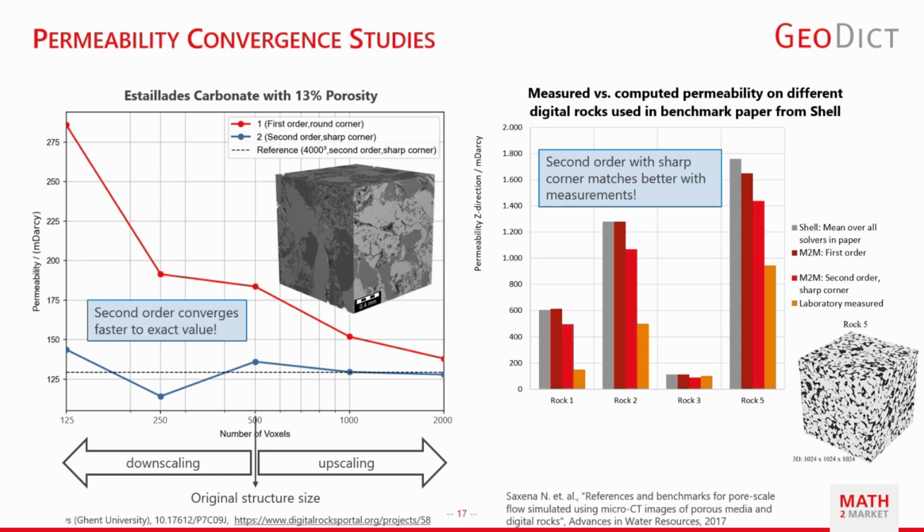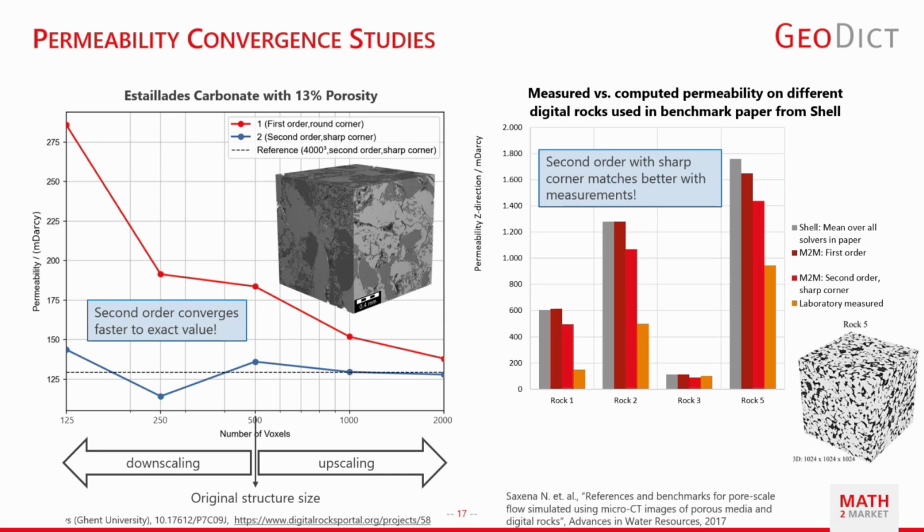On the right side, you see results from a benchmark paper from Shell, where they measured 12 different flow solvers and applied them on 36 different types of structures, also rock structures. What you see here in gray is the average permeability computed by the 12 different solvers, and in orange, you see the laboratory measurements.